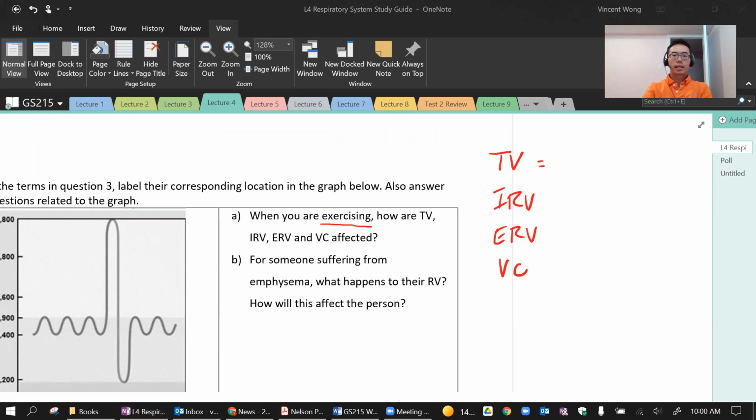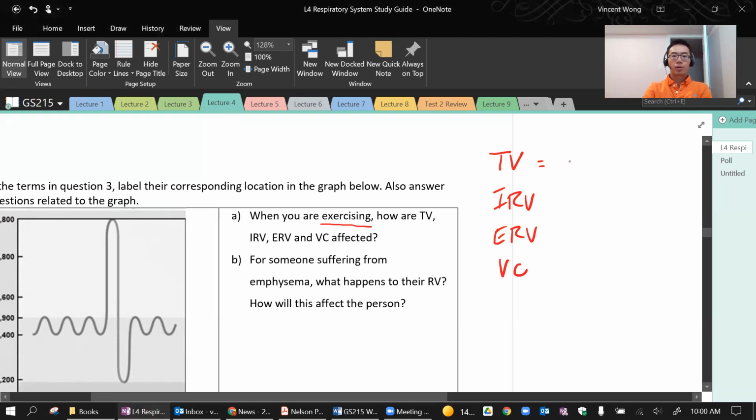Yeah, tidal volume is going to increase, because you are going to be breathing, you're going to be requiring more oxygen. So it'll be more rapid, as opposed to very calm. It'll be more rapid, and then you'll be taking in more air. So the tidal volume will increase, and then the IRV and the ERV would decrease.